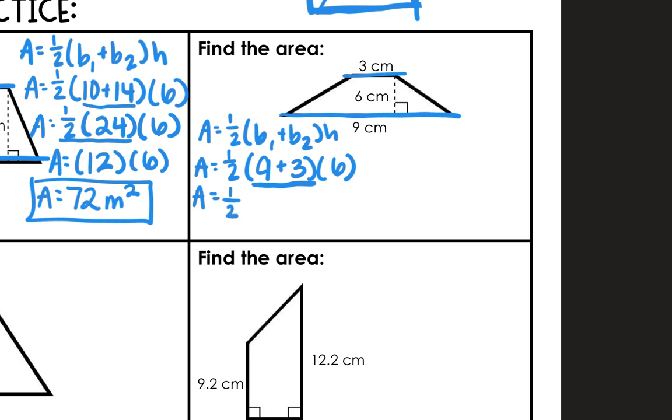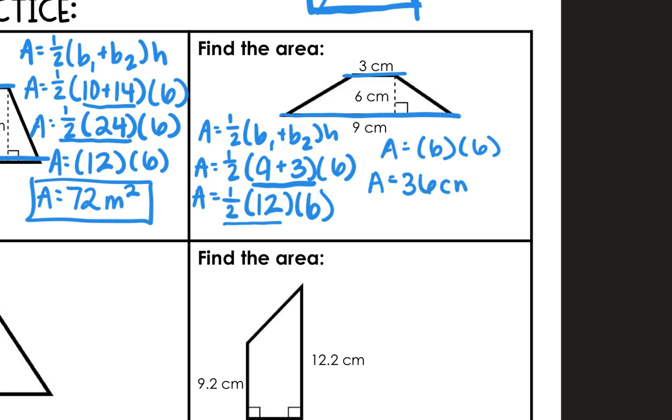So I'm going to have 1/2, 9 plus 3 is 12, and then our height is 6. Again, I'm going to start with my 1/2 times my 12. So 12 divided by 2 would be 6, and then I would do 6 times 6, which is 36 centimeters squared.